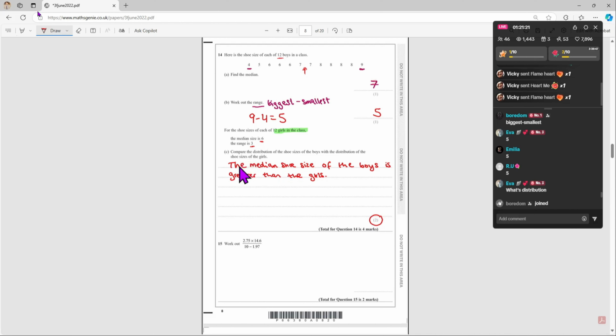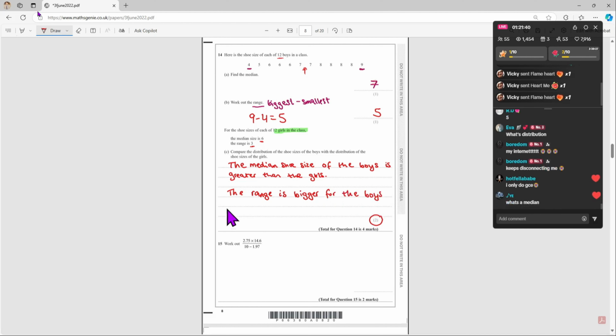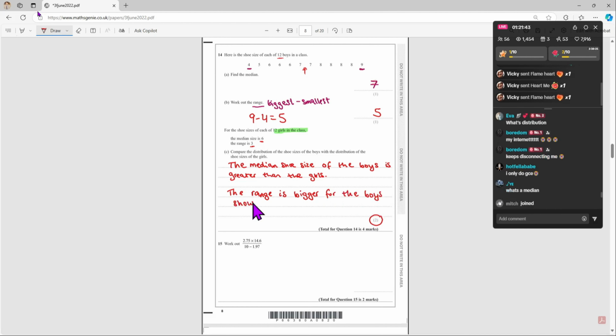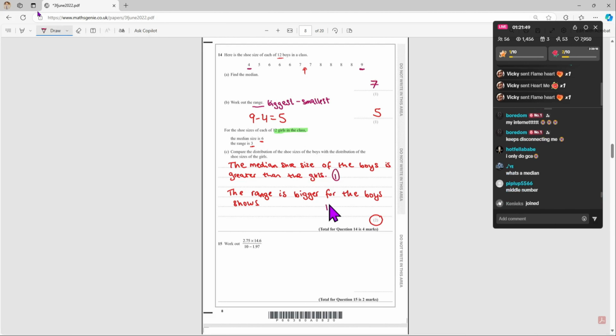And then the second point you will write is: the range of the boys' shoes is bigger. The range is bigger for the boys' shoes. So that will give you a full 2 marks. You get 1 mark over here and then 1 mark over here, and then you get your full 2 marks.